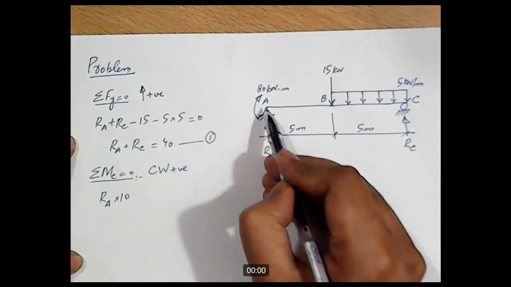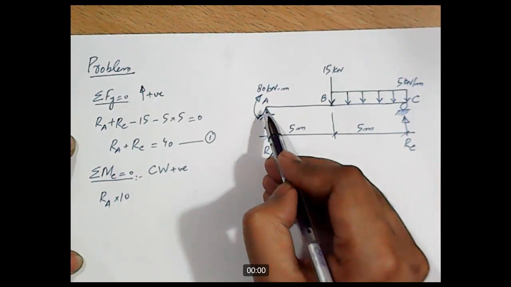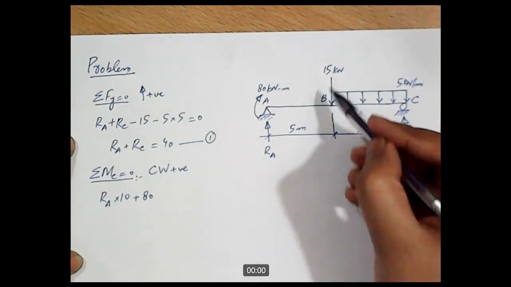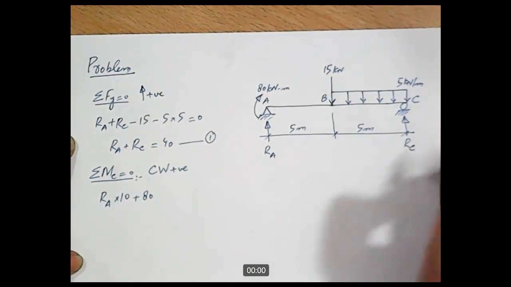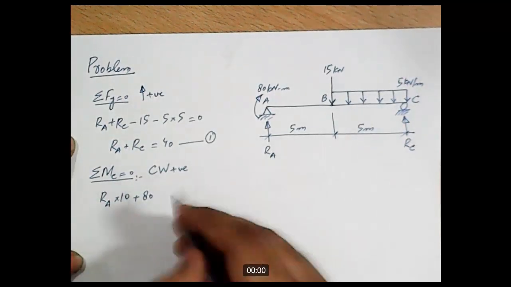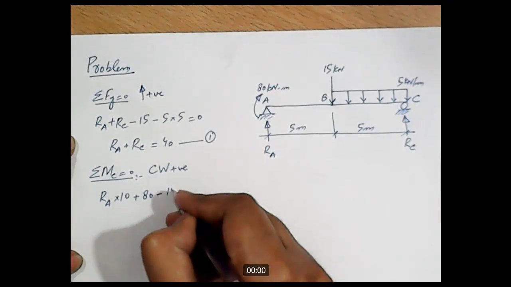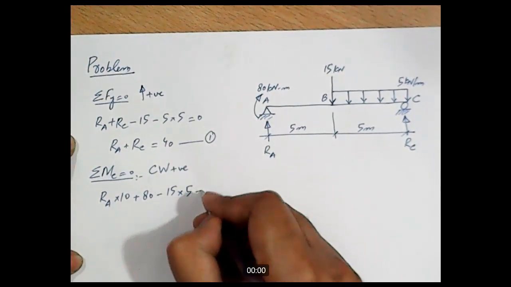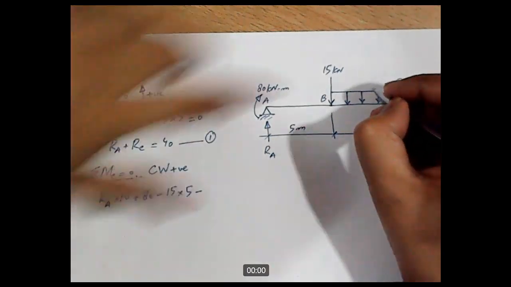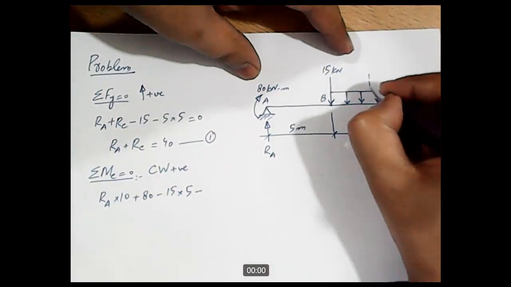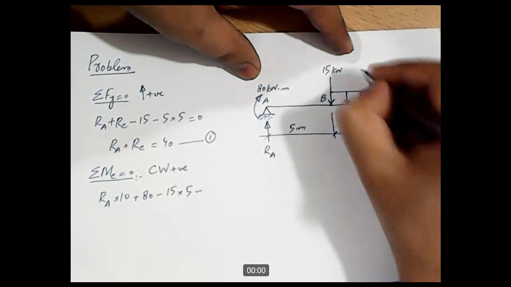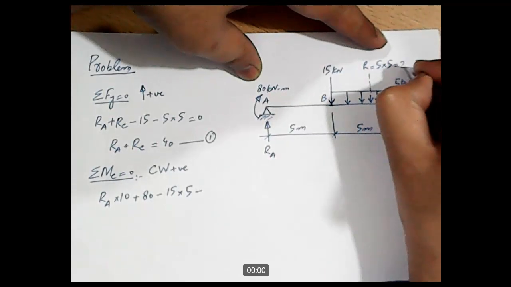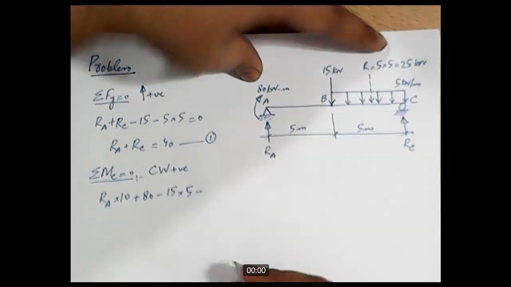And then we have a point moment acting at point A, and it is clockwise, so it will be plus 80. And then this 15 kilonewton force will produce moment in counterclockwise direction about point C, so it will be minus 15 into 5, and then the resultant of the UDL will act at the centroid of this rectangle, this R, and it will be equal to 5 into 5 equal to 25 kilonewton.